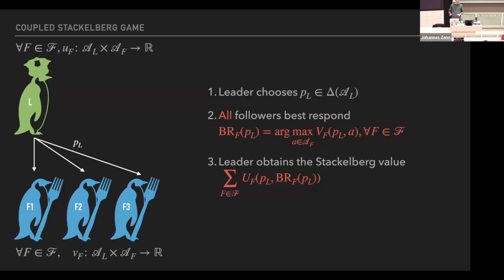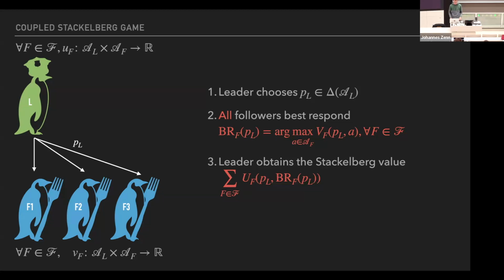In this case, it's simply extended. The leader chooses a probabilistic action again, and then all of the followers best respond with respect to their own utility function, which might be different. The leader then obtains the summed up expected utility over the different sub-games which define the entire game in total.